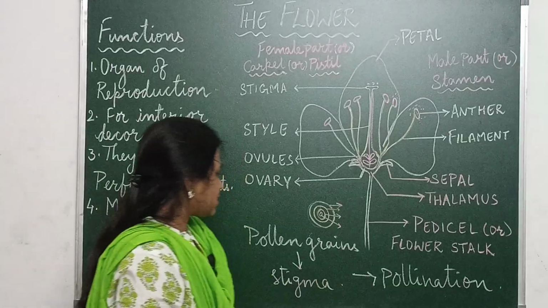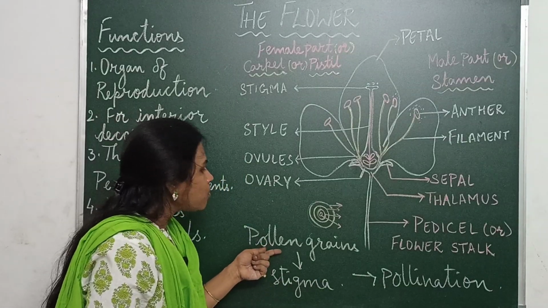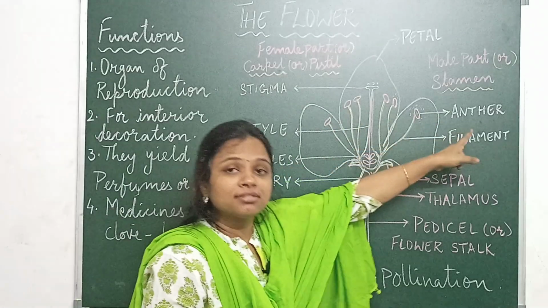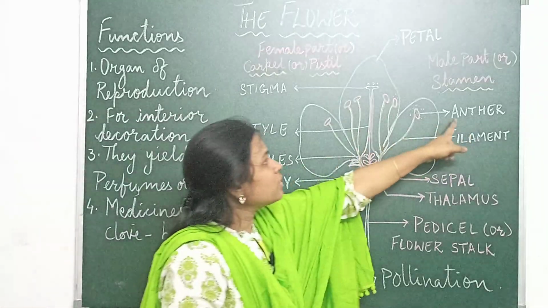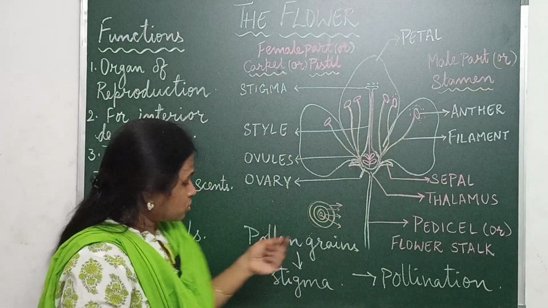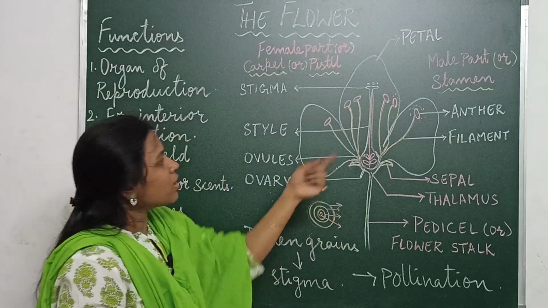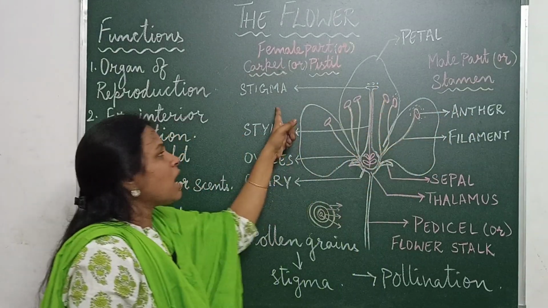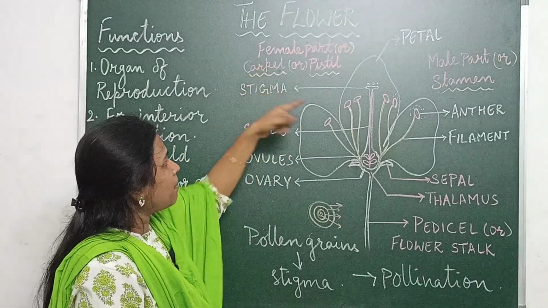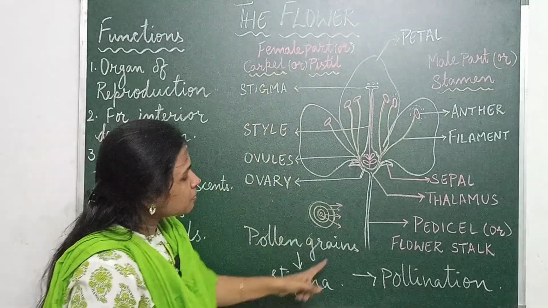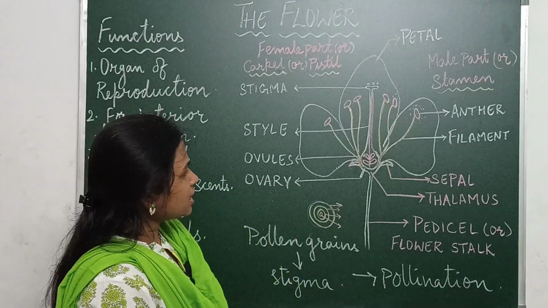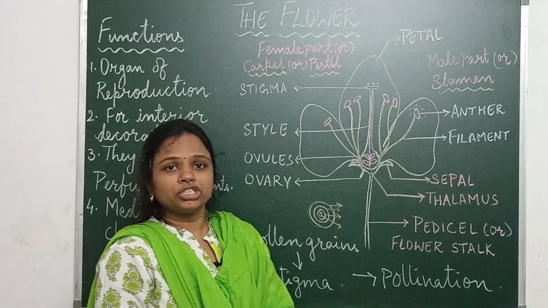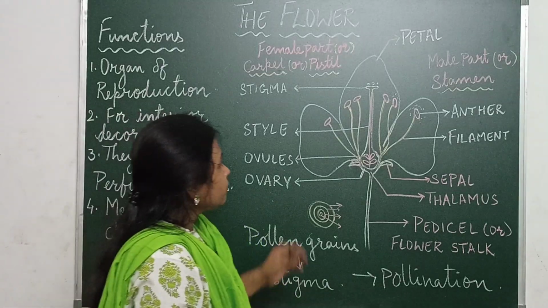Pollination is the transfer of pollen grains from the anther. When you are writing, you should be very perfect. Over there, you have to write anther. So pollen grains are transferred from the anther to the stigma of the female part, or the pistil, and that process is called pollination. Ultimately, it leads to the formation of the fruit.